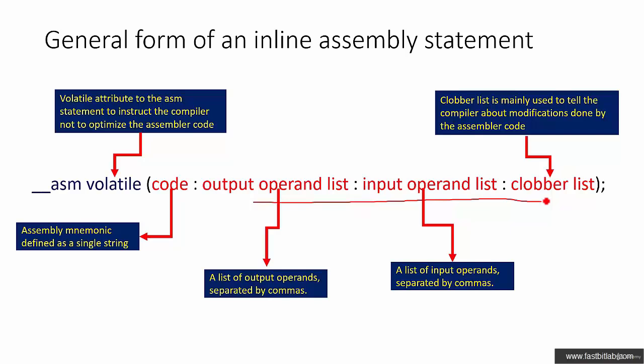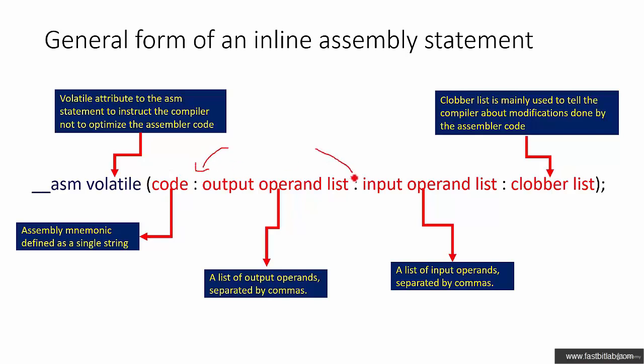In the operand list, there are two types of operands, output operand and input operand. If you have any output operands, you have to mention that inside this block. This is the output operand block, and you can mention a list of output operands separated by commas here, and it will always follow right after the code section or code block. You have to separate these blocks using colons.